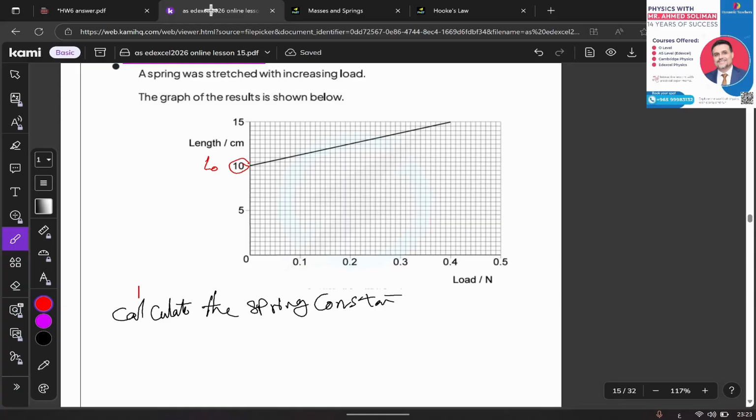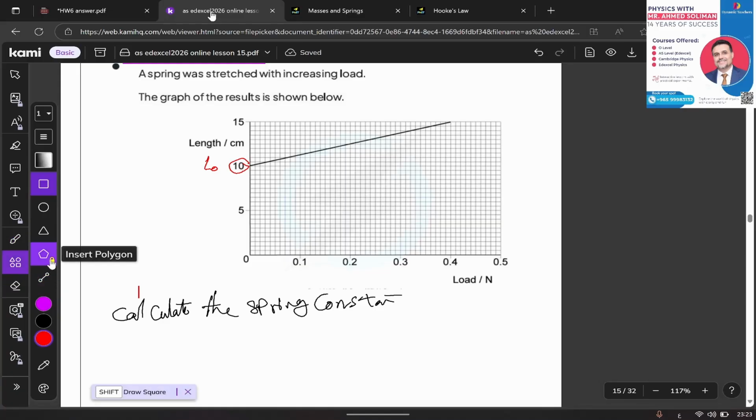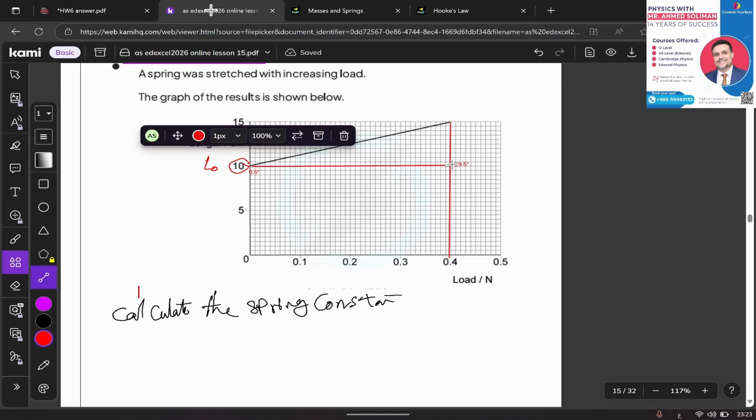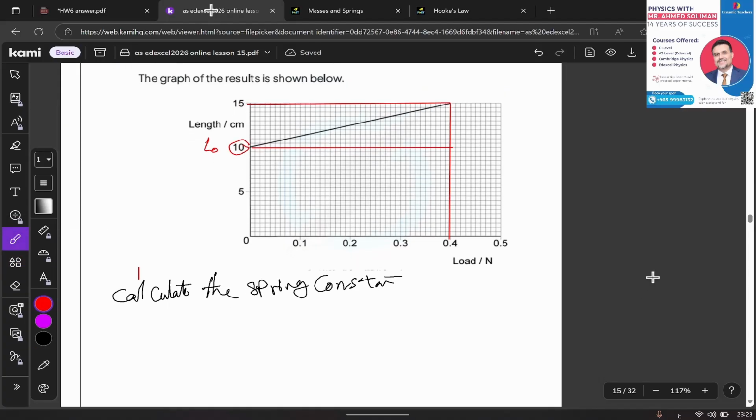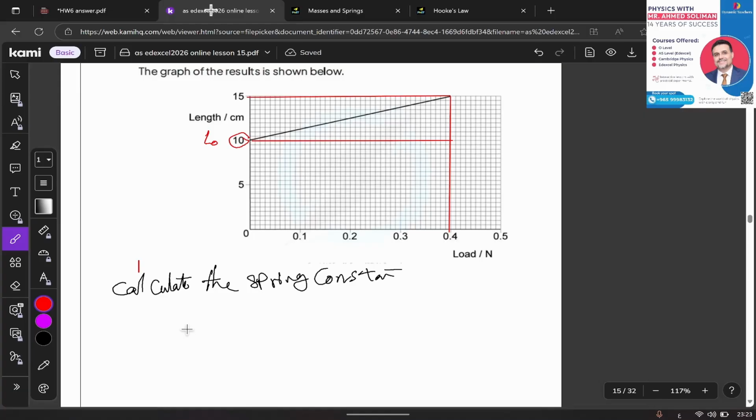We draw a triangle, rise over run. So we will draw a triangle like this. F1 equals 0, and you can write the length.